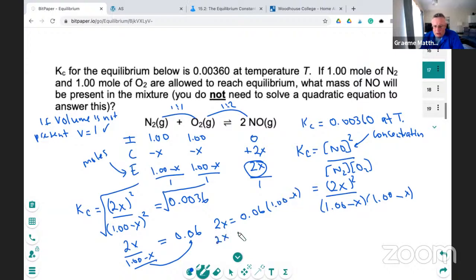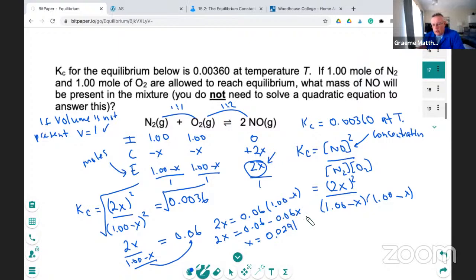And so 2x is equal to 0.06 minus 0.06x. Solve this for x, and I got x is equal to 0.0291.